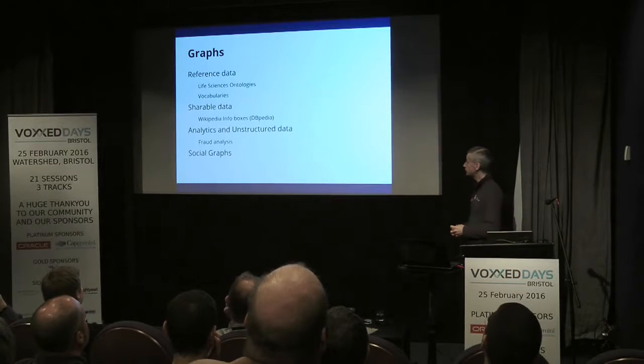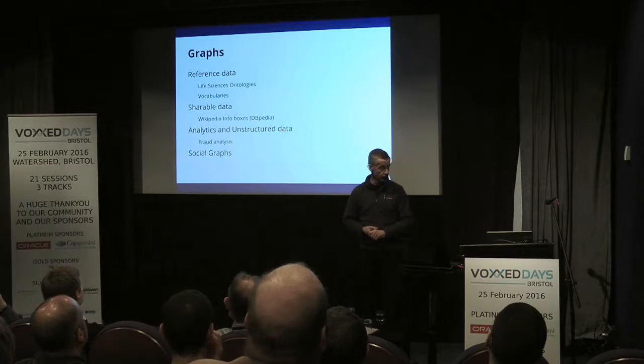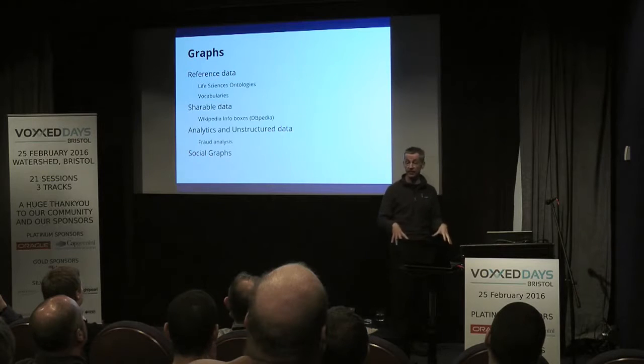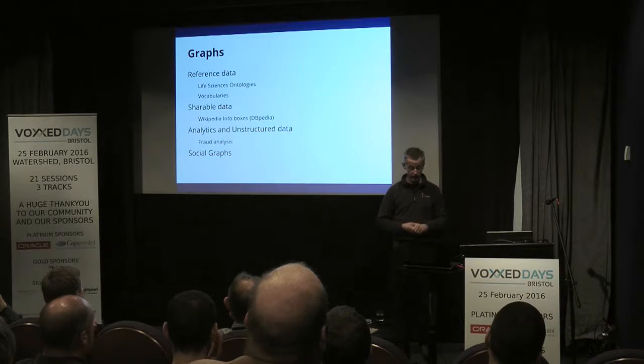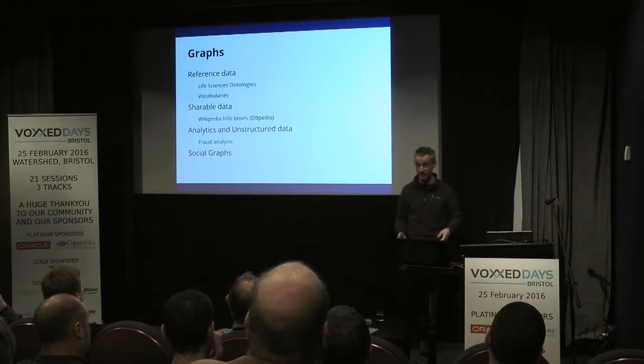So what sort of use? Reference data. Life sciences do a lot of this sort of thing for publishing ontologies, for publishing reference data. And there are a number of forces that drive them to using graph databases, one of which is they keep changing how much they know, which is good because a lot of this is medical.